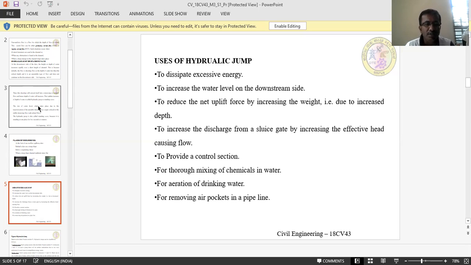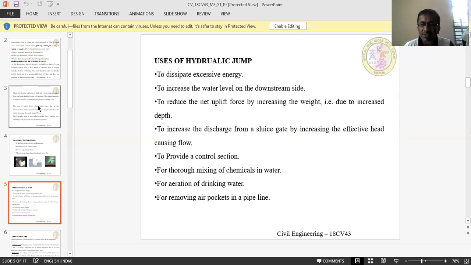For thorough mixing of chemicals in water: if you observe some water treatment plants, they add chemicals for treating the water. For example, alum is commonly used for treating water.